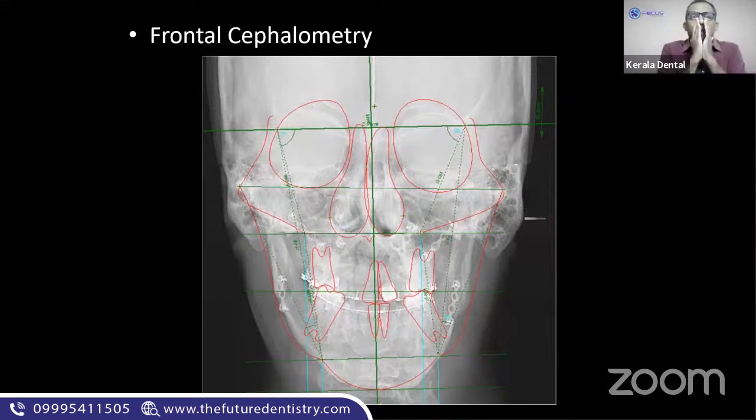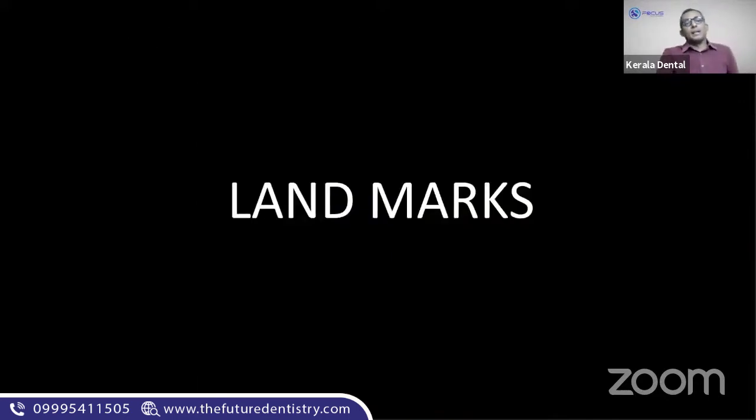It's trying to explain the transverse width and the midline asymmetries. This side this much, this side less, this side more. The midline discrepancies. For that, there are analyses on frontal cephalometry also. I recently saw a question in National Board again on frontal cephalometry. That's why I decided to put this particular slide.